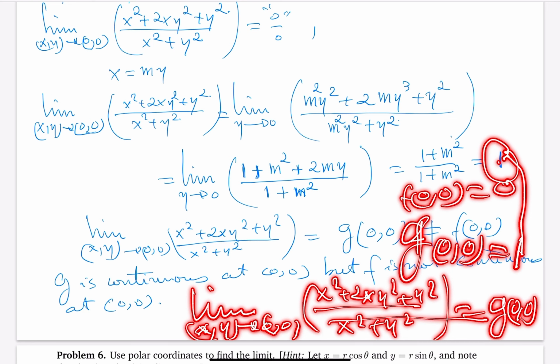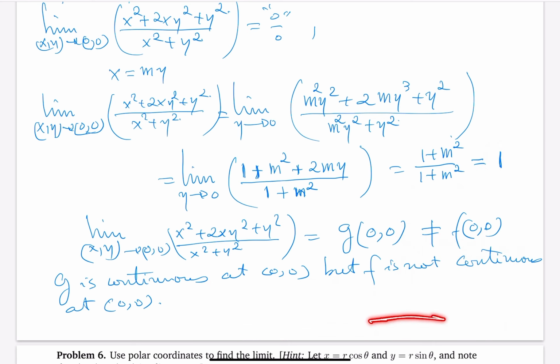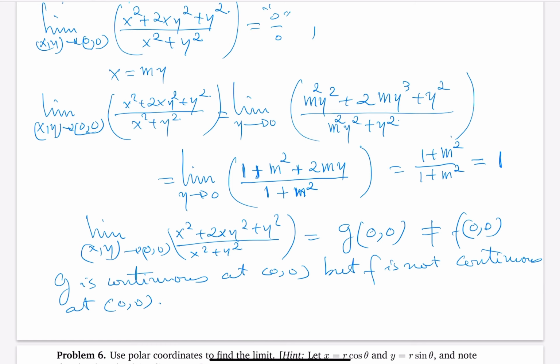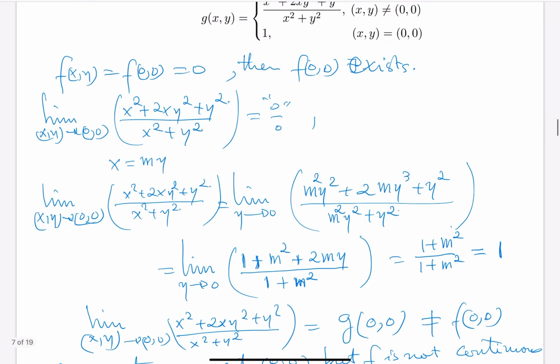Then we can tell right away the function g is continuous at (0,0). But you can tell it's different from f. Why? Because f(0,0) equals 0 and g(0,0) equals 1. That's why f is not a continuous function at the point (0,0), okay? That's it.